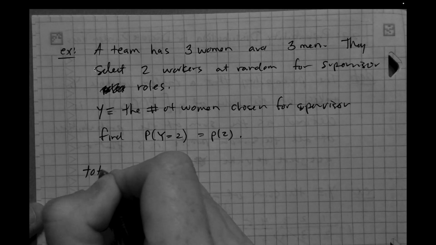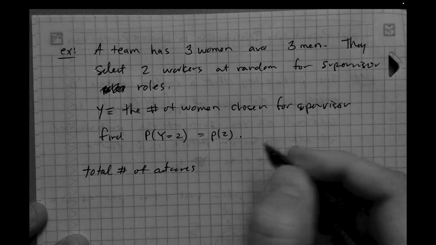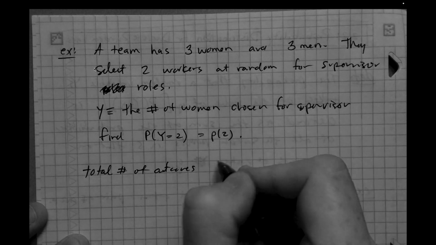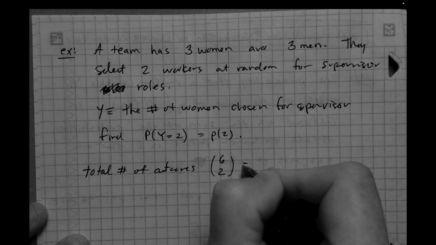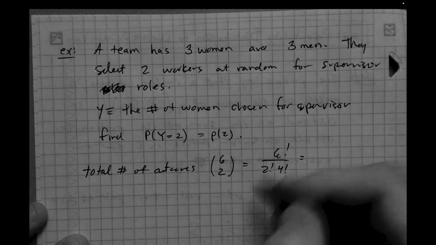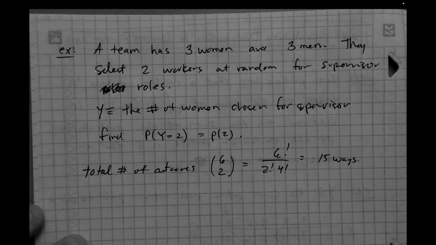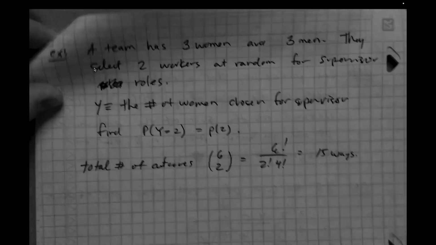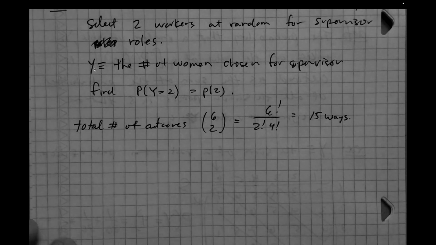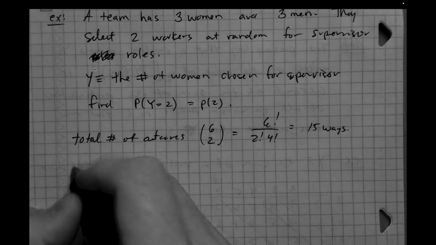The total number of outcomes: you've got 6 total workers, you want to choose 2, right? So 6 factorial over 2 factorial times 4 factorial. When you do the math on that, you'll see that's 15. There's 15 ways to select these 2 supervisors from these 6 people. Now the favorable outcomes would be choosing 2 women and 0 men.